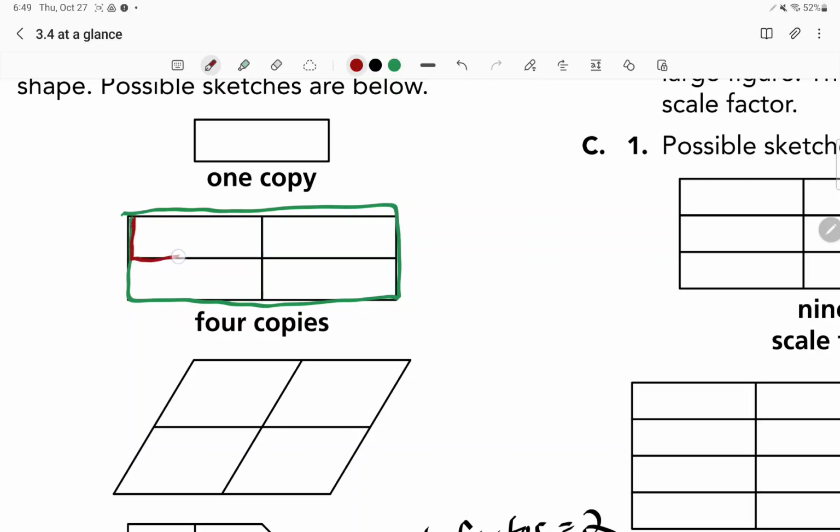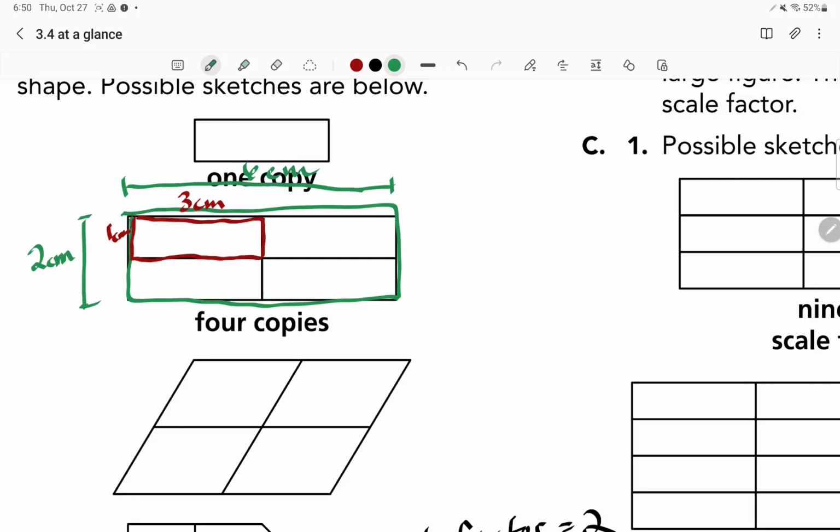Now what you would need to do is you would actually need to take your ruler to measure these, okay? But I'm going to say, let's say that for the smaller one, this is 3 centimeters. And let's say this is 1 centimeter, all right? For the larger one, when I go and measure it, I should find out that from here to here, it's going to be 6 centimeters. And then from here to there, it's going to be 2 centimeters, right?